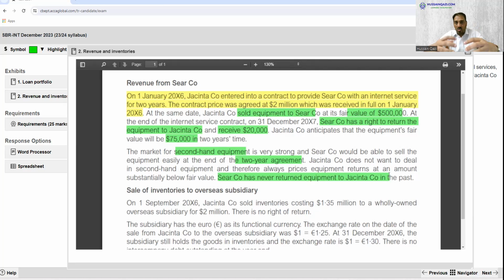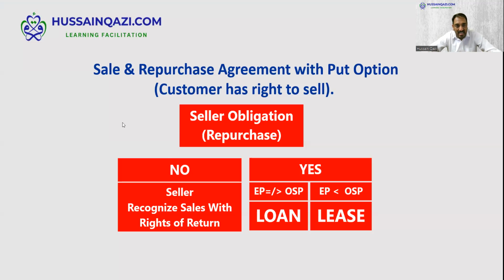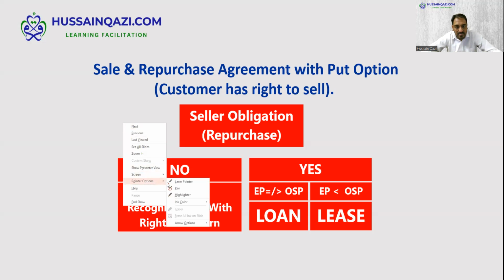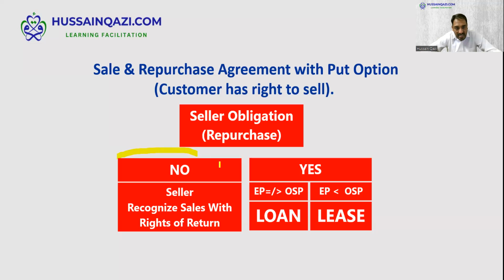Never returned. So if we collect all these points, we can say that here this point is easily applicable: sale and repurchase with a put option, but not expecting that the put option will materialize. That's the point.